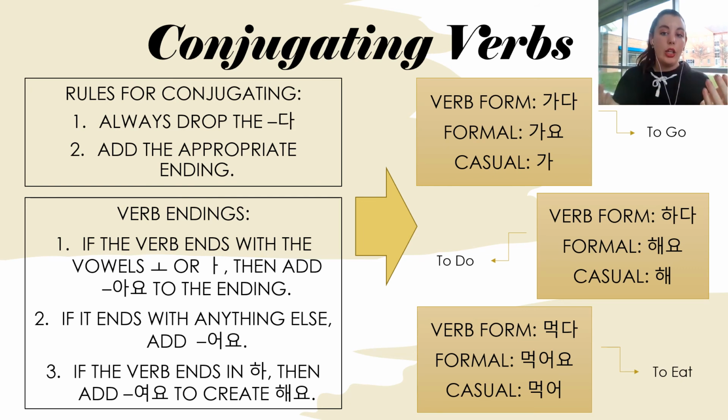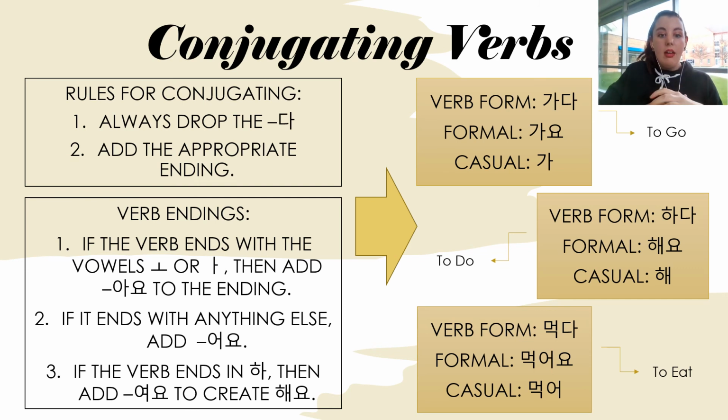Kayo is the formal form of to go. When you conjugate the verb kada into kayo, you're changing it from to go into I go, you go, we go. So you literally just made a sentence by conjugating that verb, kayo.